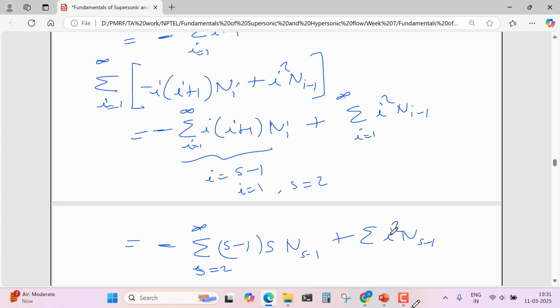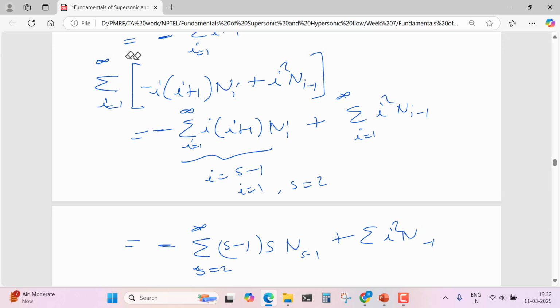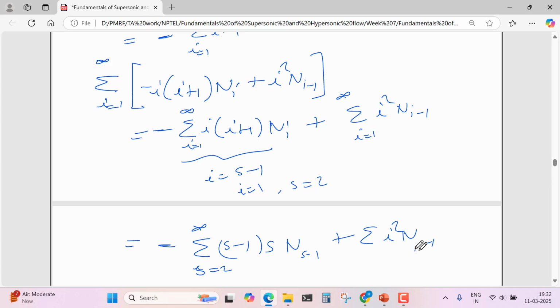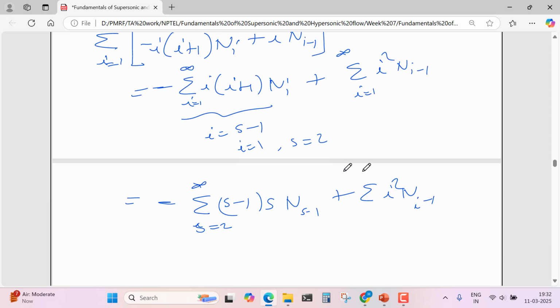This also we will write for i equal to 2 to infinity.